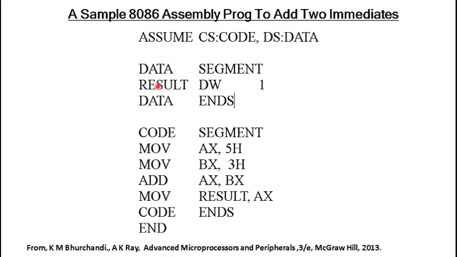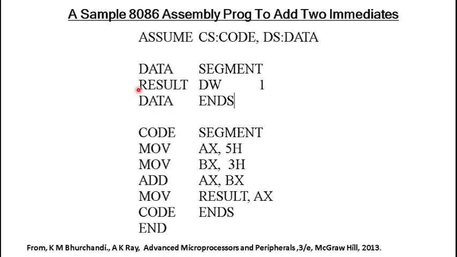Note that DW is an assembler operator that we use to allocate the space. So the meaning of this line is: result is a labeled space in primary memory of size 16 bits, because it is only one word in length. That's the only thing that we need to define in the data segment.